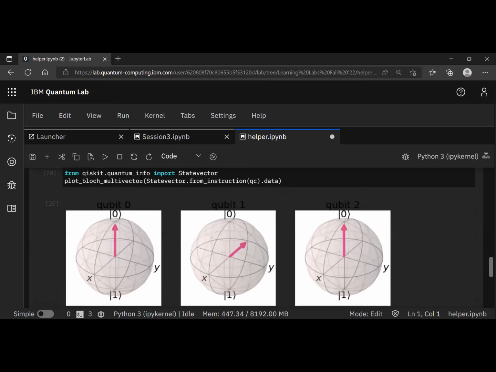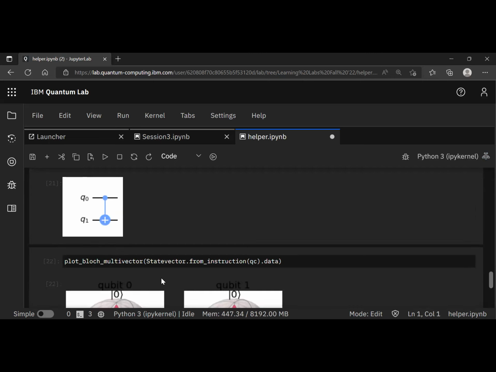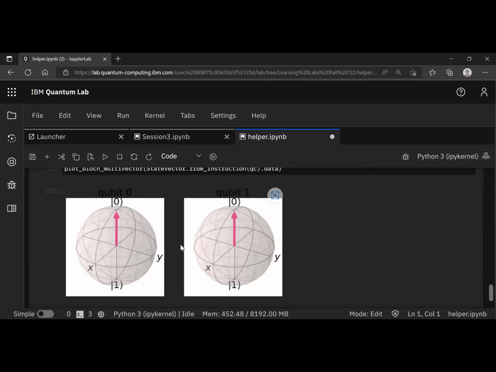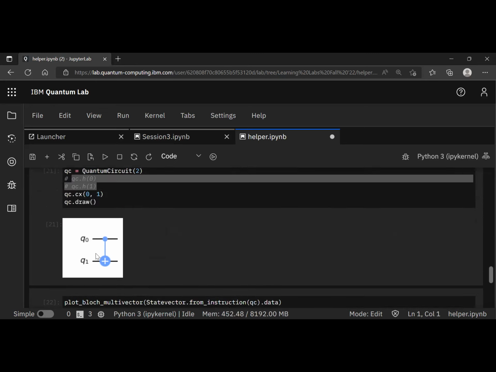Okay, and if we do our state vector, right? We plot this. We get 0, 0, because both are in the 0 state. Our control is 0, our target was in the 0 state. No flipping is involved, so both are 0, 0. Okay, perfect.